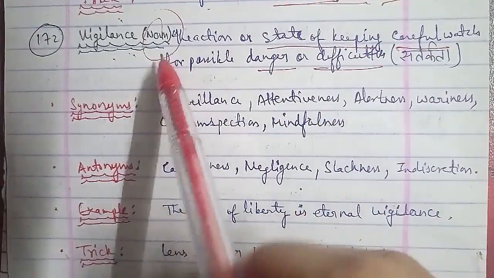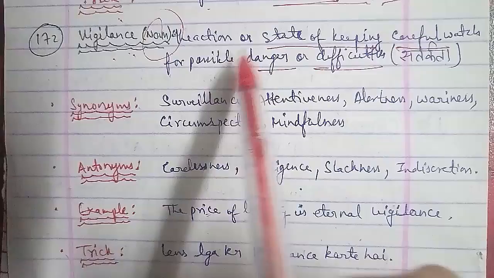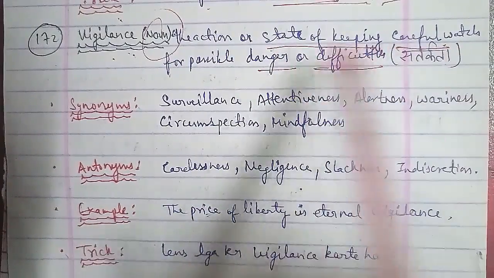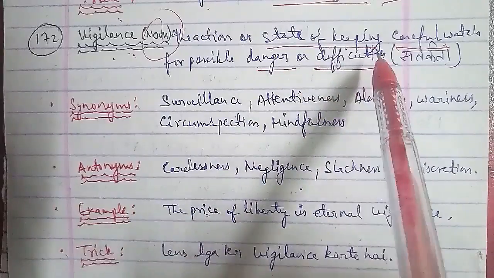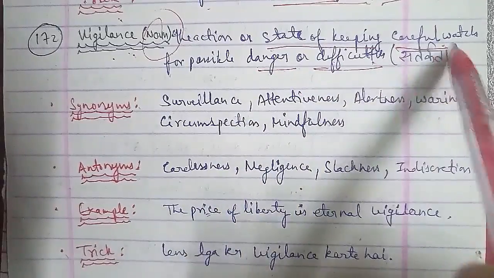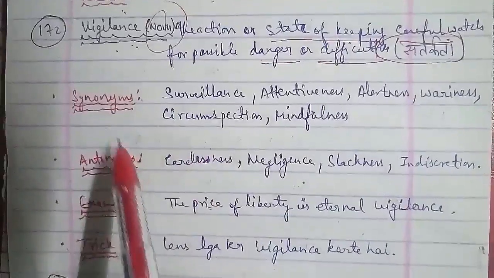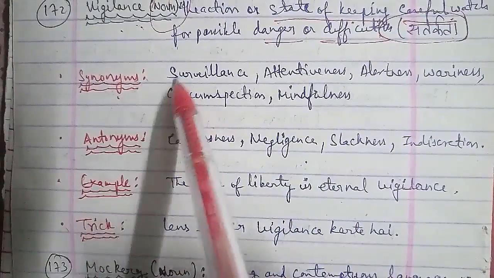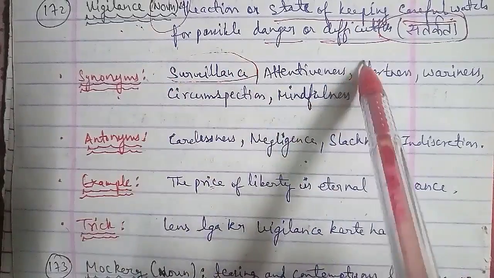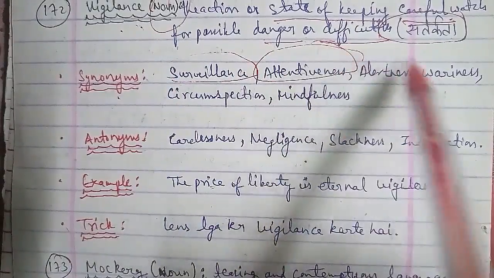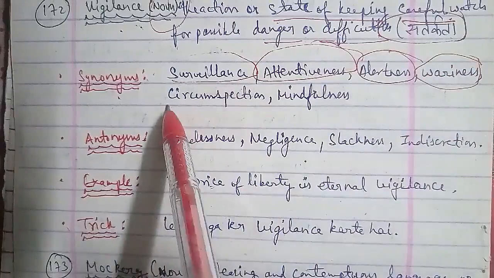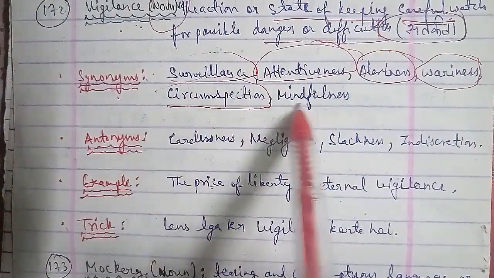Now moving on with the next word and the last word for the session as well. This is word 173, and the word is mockery. Mockery is a word that is used as a noun, and the meaning of mockery is teasing and contemptuous language or behavior directed at a particular person or a thing. In Hindi, that is uphaas.